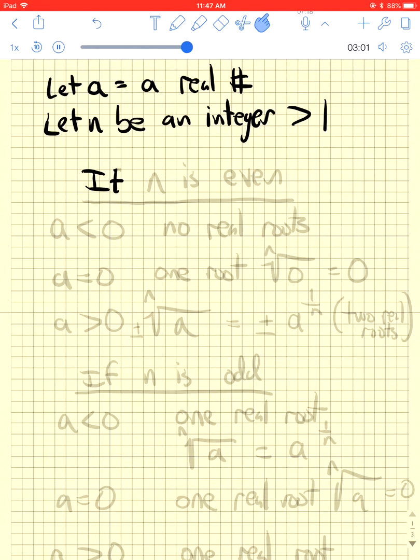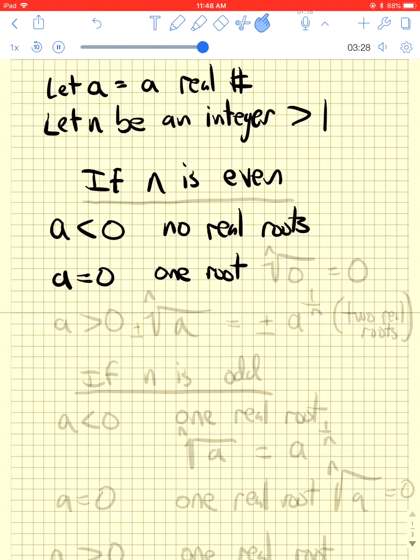If n is even, we still have the conditions of a. If a is less than 0, then there are no real roots. If a is equal to 0, then there is one root, which is the nth root of 0, which is 0.